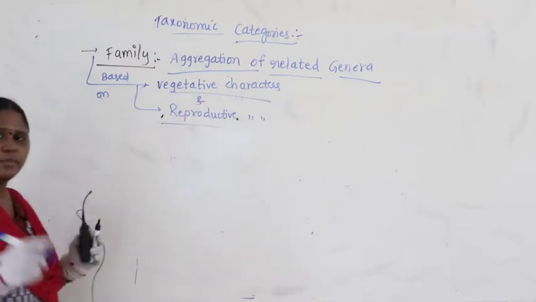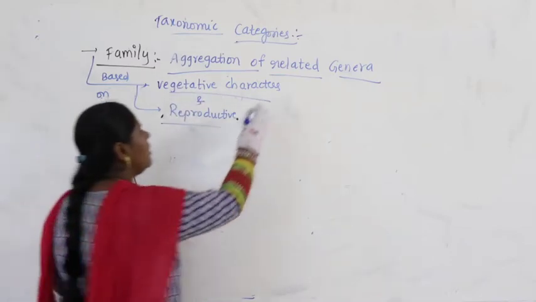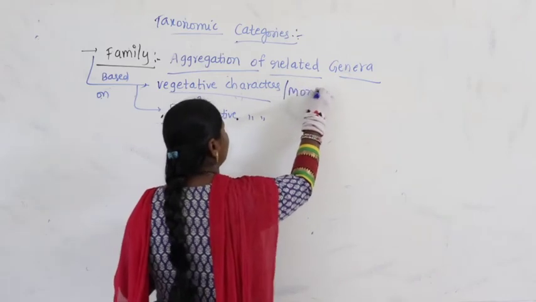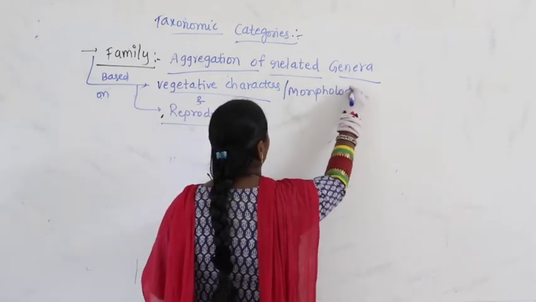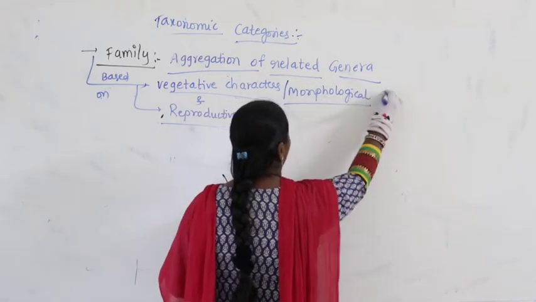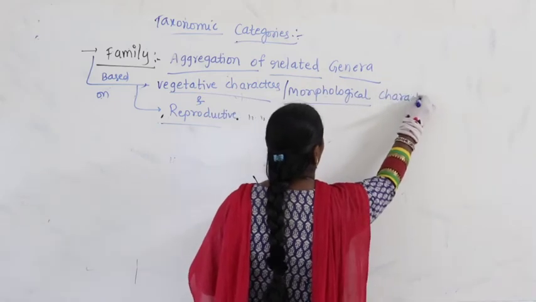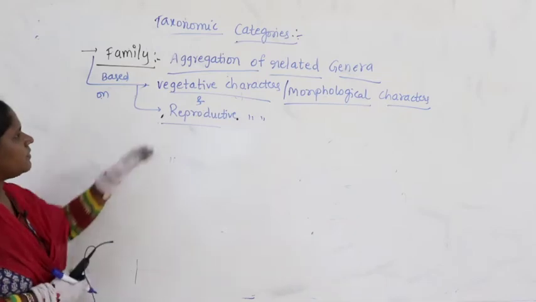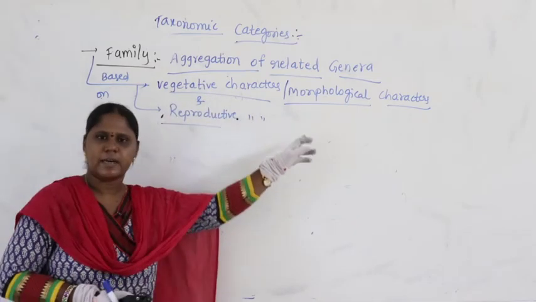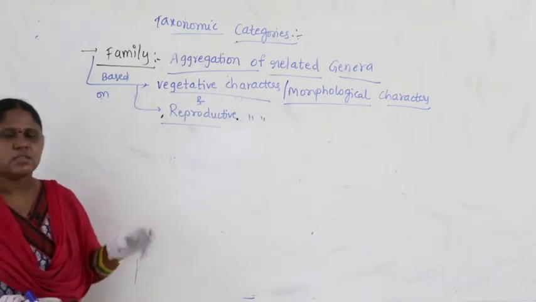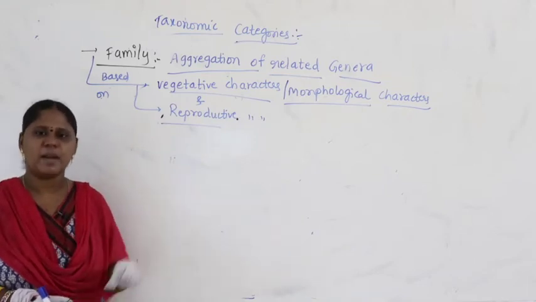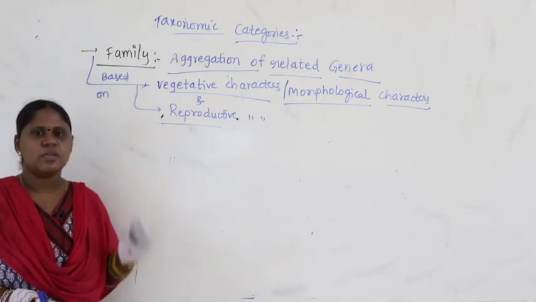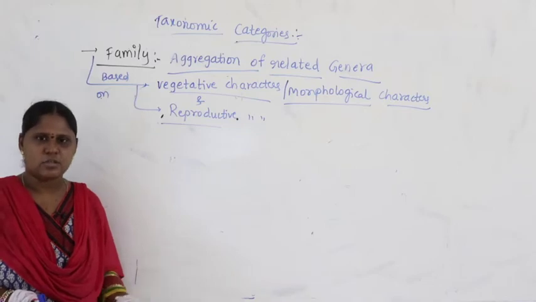Vegetative characters, sometimes in the question they will give morphological characters, one and the same. So what are vegetative characters? Whenever you say vegetative characters or morphological characters, what does it mean? The characters which we can see with the naked eye on the plant. Root, stem, leaf, branches, all will come.